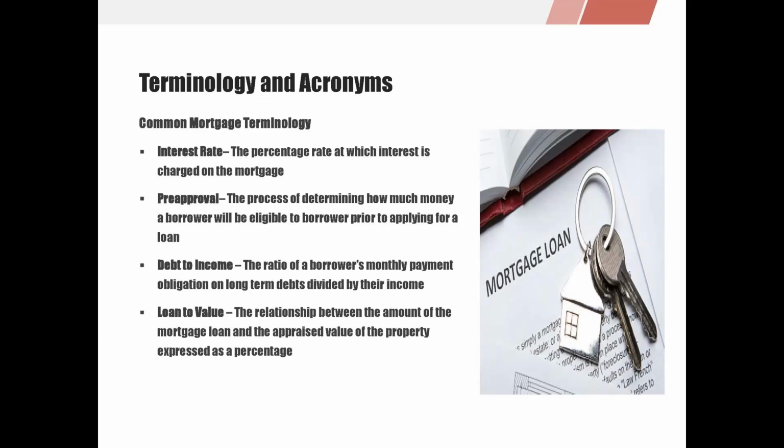The debt-to-income ratio is a calculation that analyzes their current debts, like credit cards, automobiles, and their housing payment, over their monthly income to determine whether or not they'd be qualified for the loan. The loan to value is how much money they are borrowing compared to the value of the home. And that's where the appraisal would come in to confirm that the value of what we're lending on as the collateral, the home, is sufficient for what we're lending.